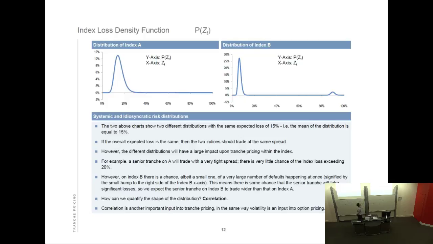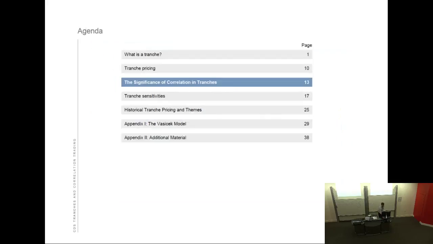Because portfolio B, when you have a chance where 90% of your portfolio wipes out, that's an event that is only really possible if 9 out of 10 names or 90 out of 100 names default, which by definition is a highly correlated event. So to get to a distribution like the one on the right, you would need a very high correlation, whereas the one on the left would be reflecting a low correlation world.